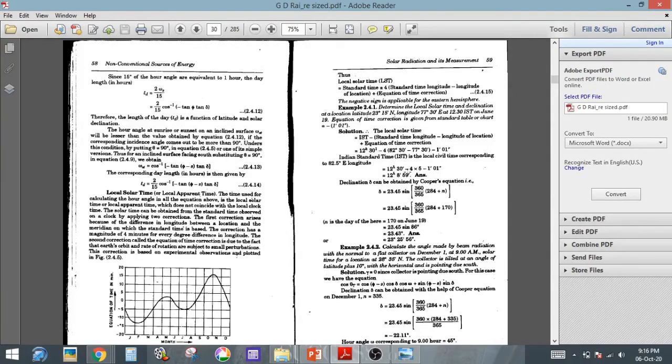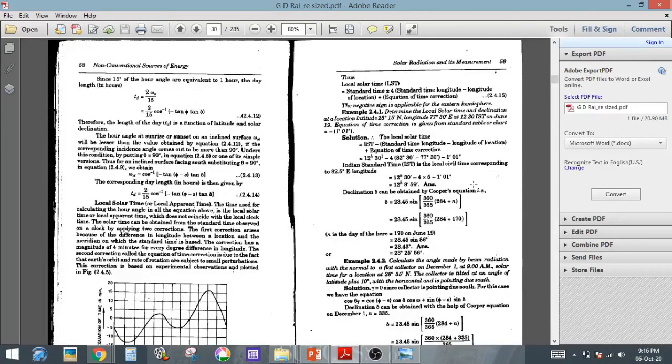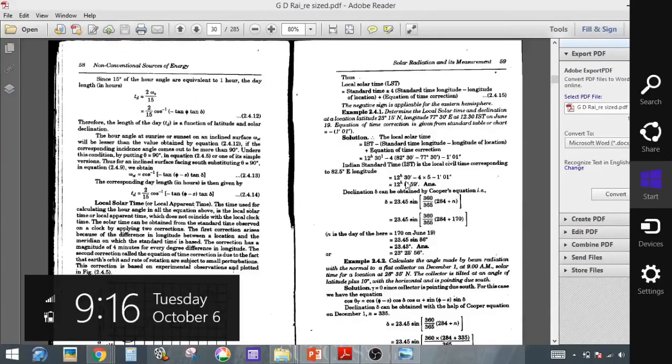So 12 hour 30 minutes minus 20 minutes minus 1 minute 01 second. If we take the difference, just calculate. If we subtract 20 minutes and 1 minute 01 second from 12 hour 30 minutes, we will get the answer 12 hour 8 minutes 59 second.